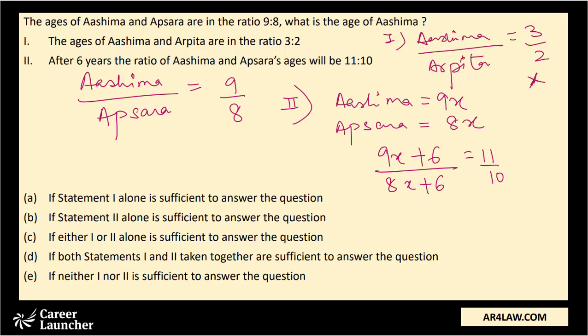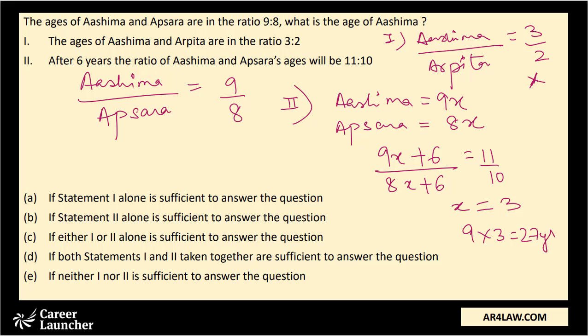So we have one equation and one variable. Whenever we have one equation and one variable, that variable can be solved. From here we can find x. x will come out to be 3, and Ashima's age is 9x, so Ashima's age would be 9 into 3, which is 27 years.